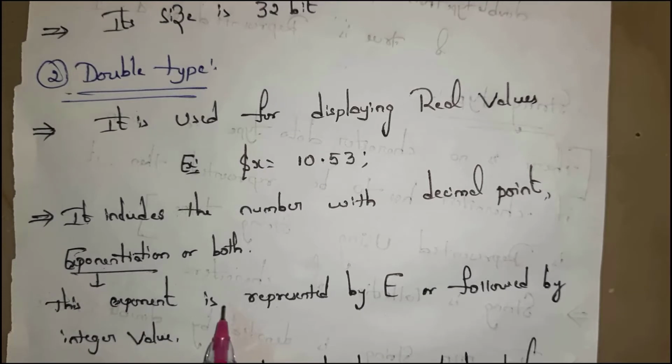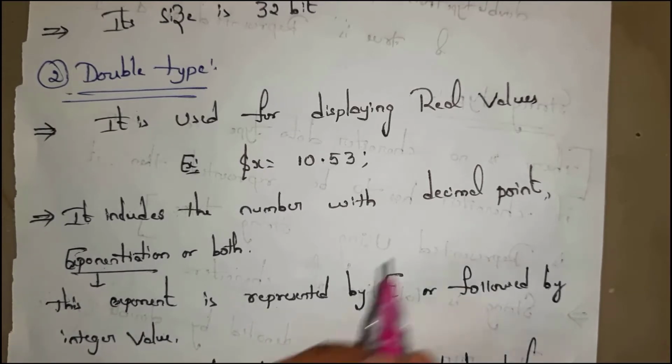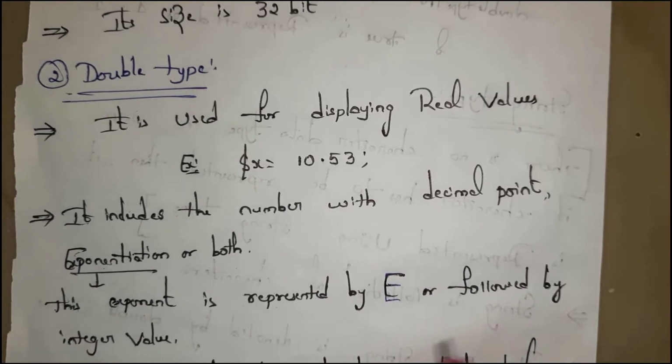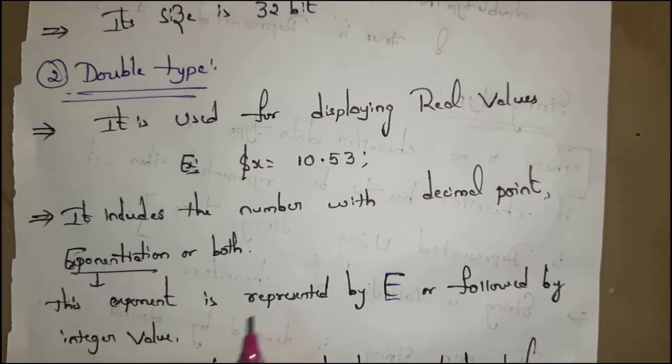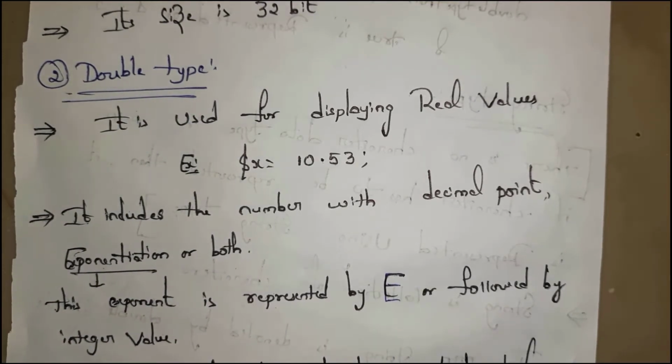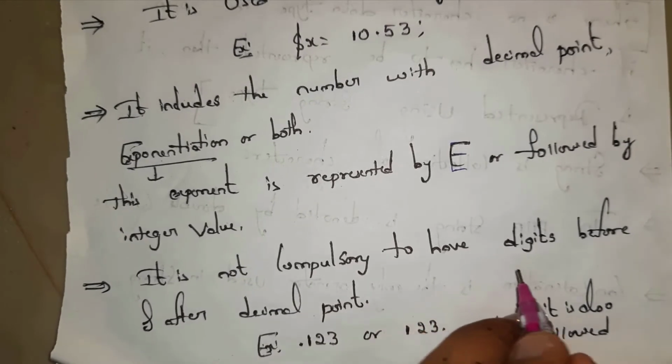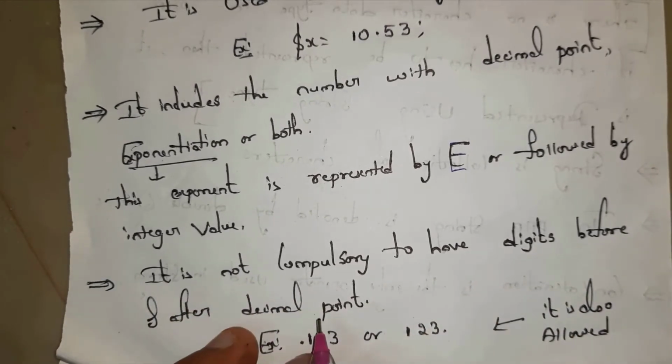The exponent is represented by the symbol e followed by an integer value. It is not compulsory to have digits before and after the decimal point.